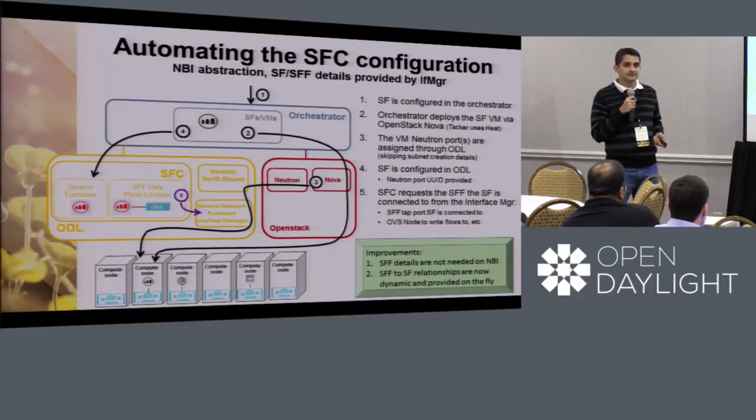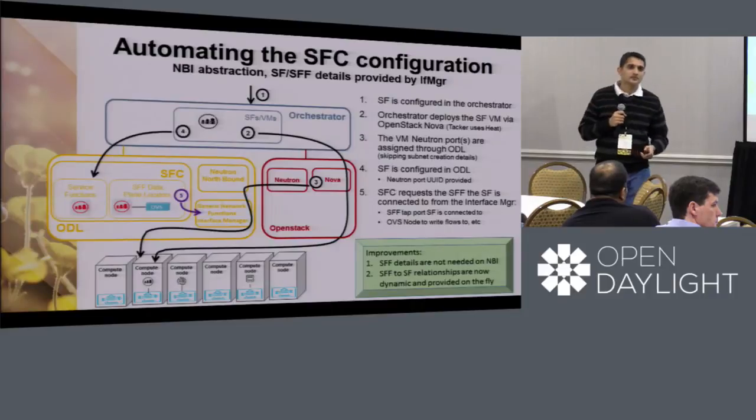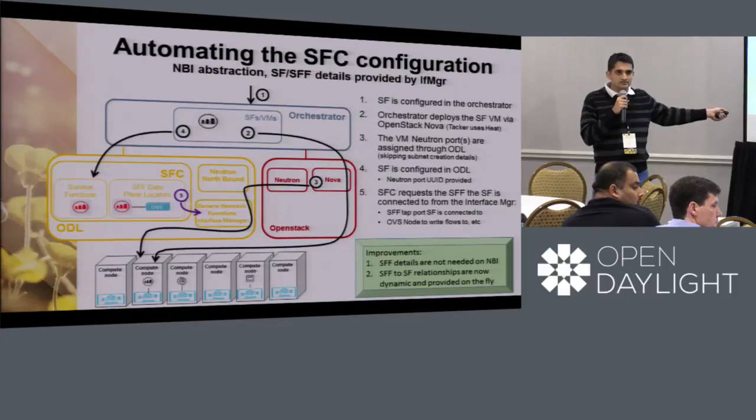Okay, so you get to create the tables, right? Do you have to do anything to the switch before that? Because with Neutron, you could have a whole set of compute nodes out there, and you don't know ahead of time which ones are going to host the service function. That's right, until Nova decides, oh, I'm going to put this service function there.